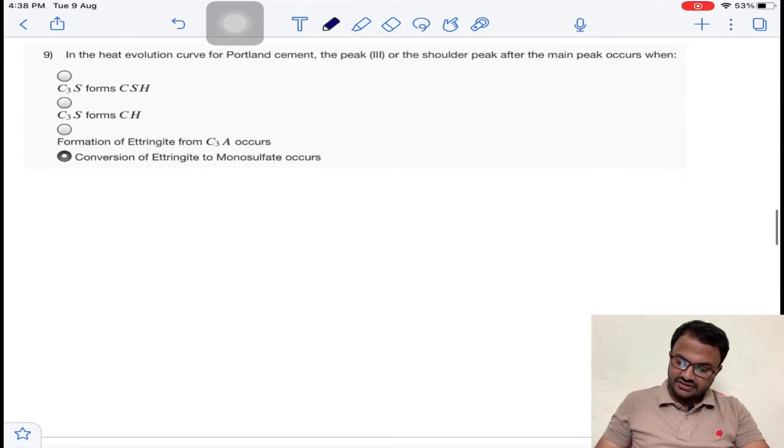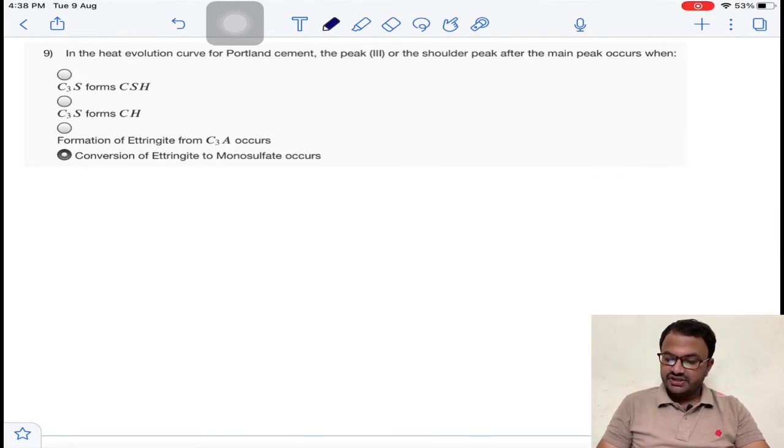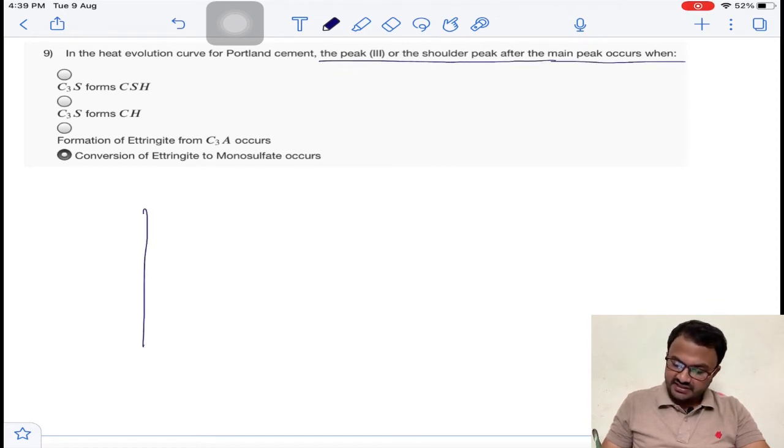The next question is: in the heat evolution curve for Portland cement, the peak 3 or shoulder peak after the main peak occurs when? For example, this is the main peak and this is the shoulder peak.